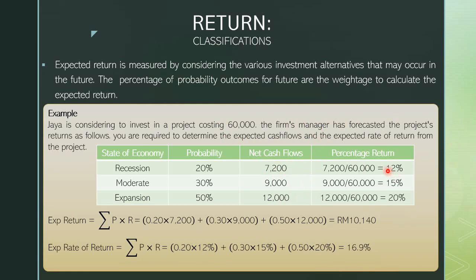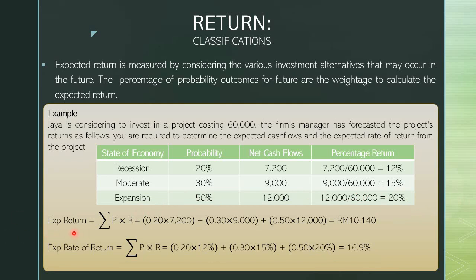If you still recall, when we calculate the holding period return, the return is divided by the initial investment. In this case, the initial investment is 60,000. So if the economy is in recession, the expected return would be 12%. Okay, but if the economy is moderate, then the return might be 15%, whereas expansion it might be 20%.